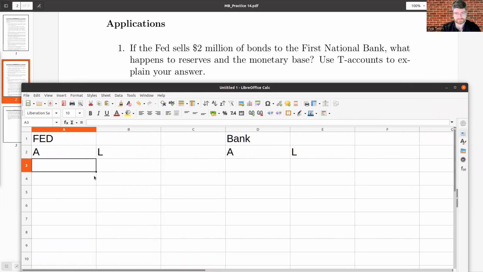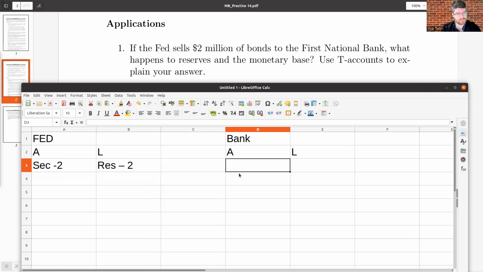The Fed sells 2 million of bonds, which means the securities will be -2 million, and on the liabilities side, the reserves -2.